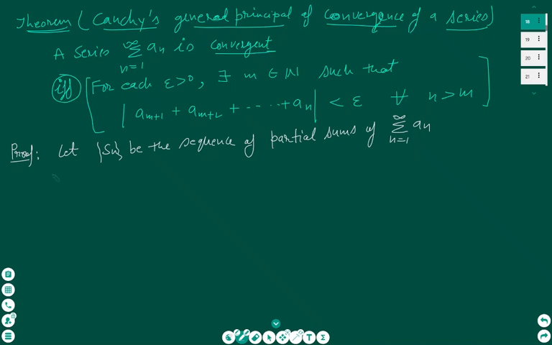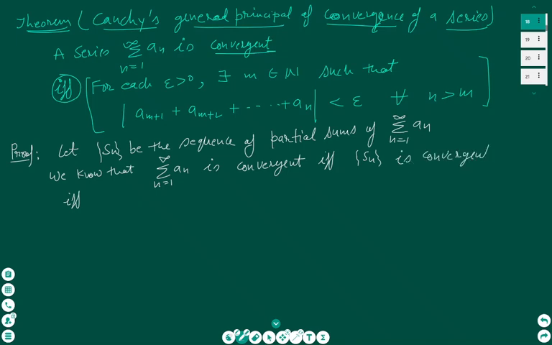Now we know that by definition of convergence of a series, the series is convergent if and only if the sequence of partial sums is convergent.